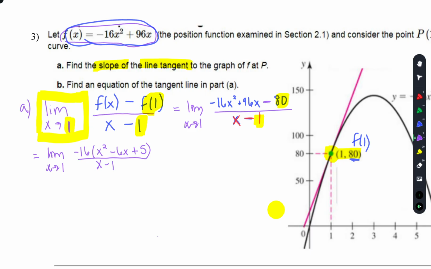And I don't know about you, but with all of these, you'll see that you can kind of cheat a little, because on these problems, you should always be able to divide out an x minus 1, or whatever your denominator is. So I bet there's an x minus 1 in it.